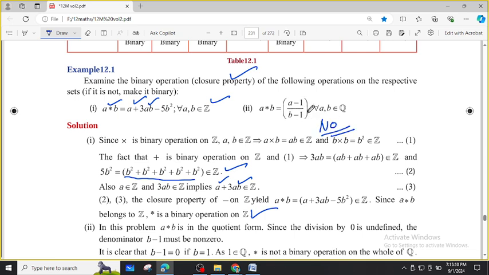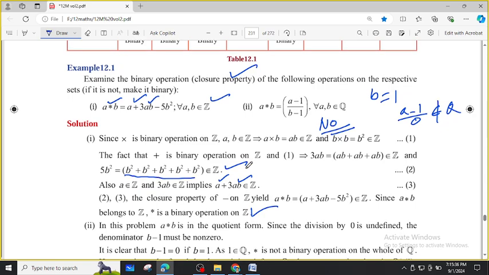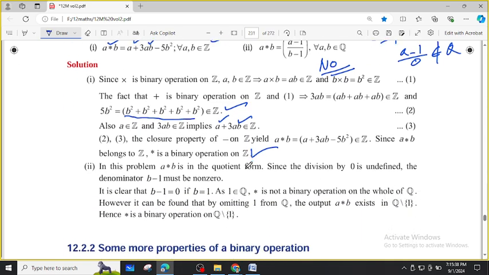For b, if you put 1, what will happen here? b becomes 1 means 1 minus 1 becomes 0. So it becomes a minus 1 by 0, which is not a rational number. So it is not closure property, because if you put b equal to 1, 1 is also a rational number. If you put b value 1, the denominator becomes 0. So it is not a binary operation when you put b equal to 1.